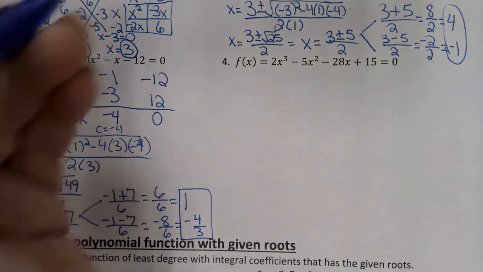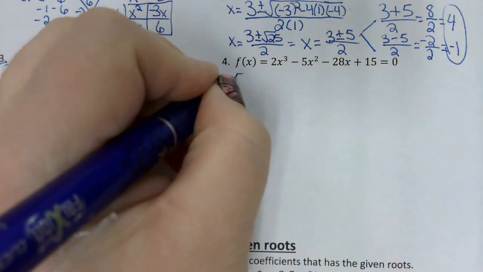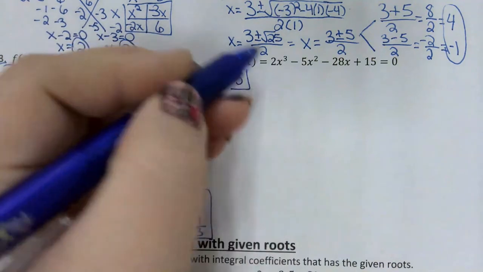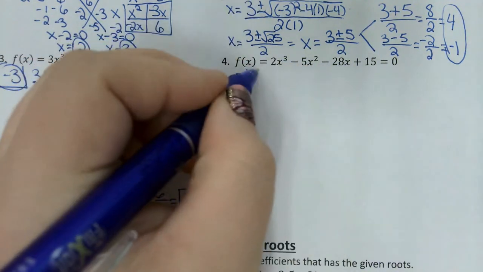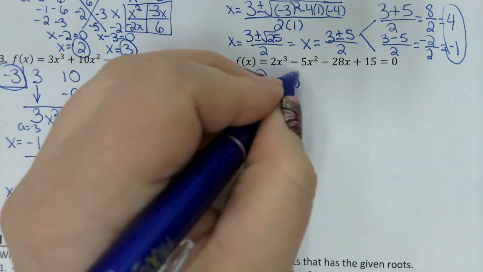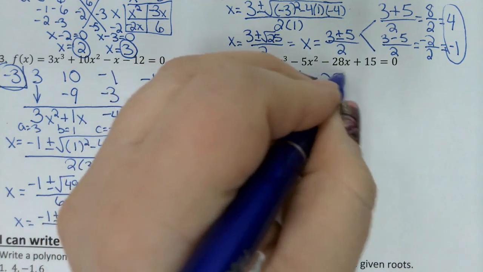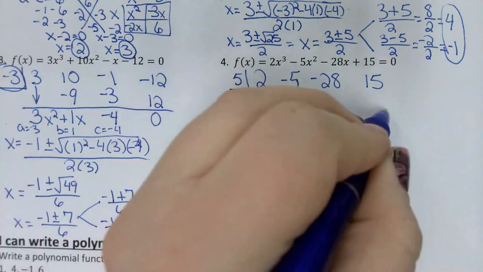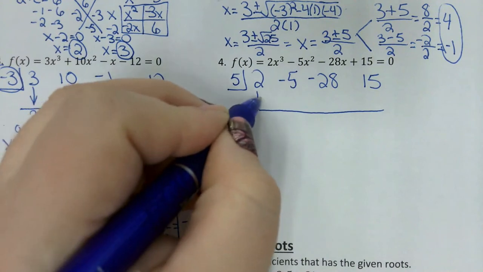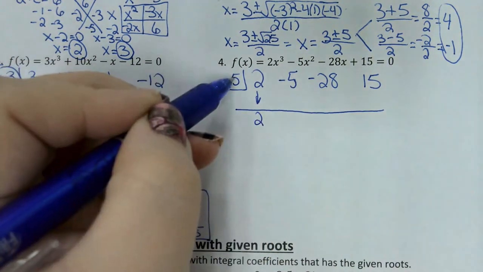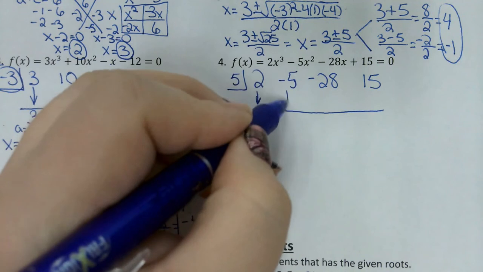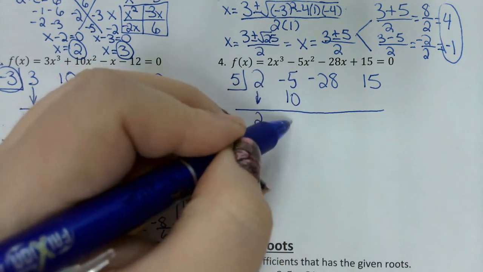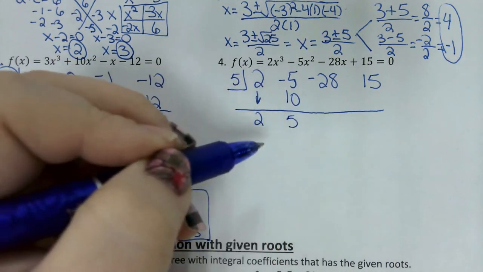So that's what I'm going to use for my synthetic division. 5. So I'm not missing any exponents. So 2, -5, -28, and 15. Multiply 5 times 2 is 10. Add -5 and 10, we get 5.